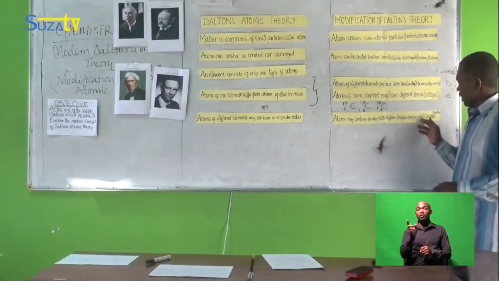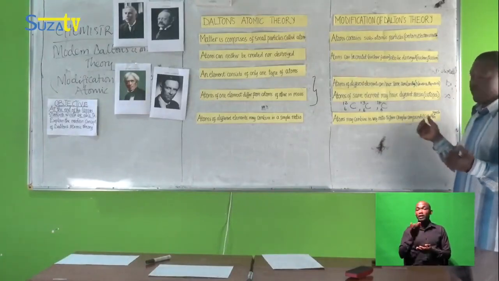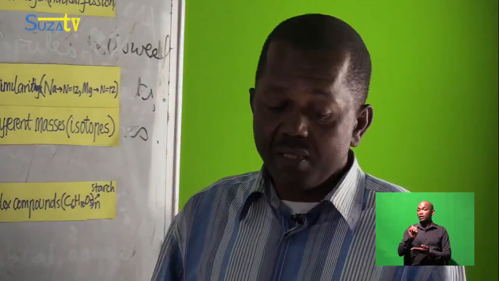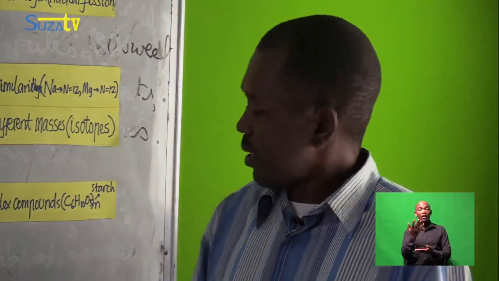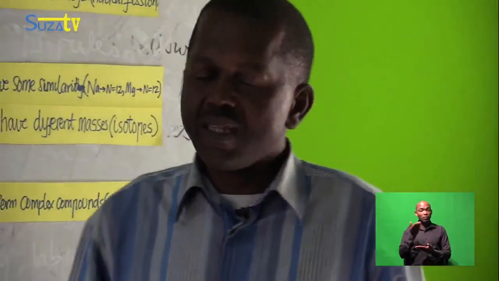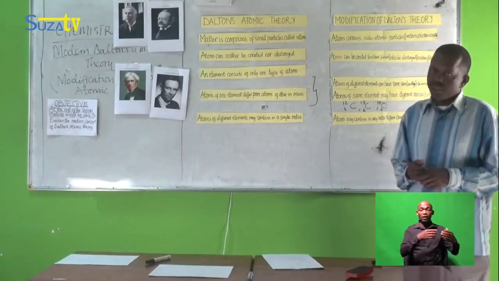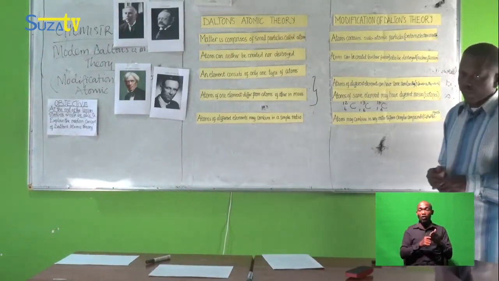But here we see any ratio, because some compounds may contain a higher number of atoms and some a lower number of atoms. That's why we call it an example of a complex compound.